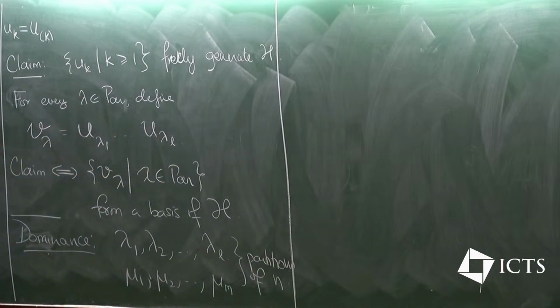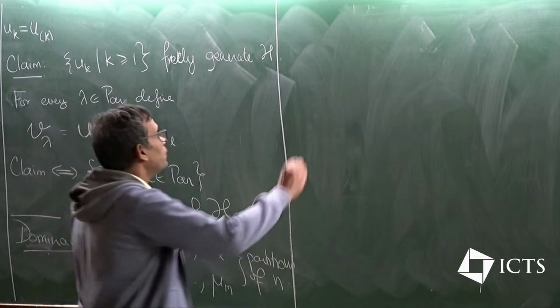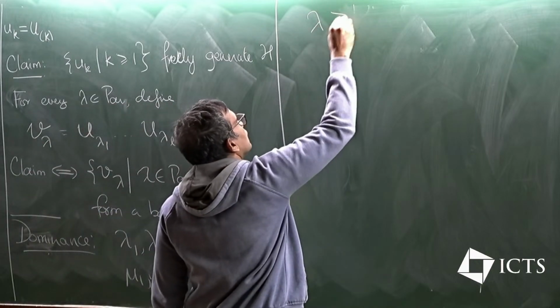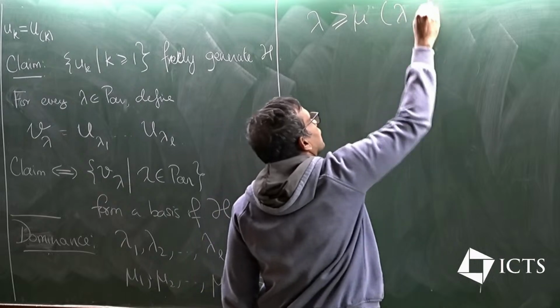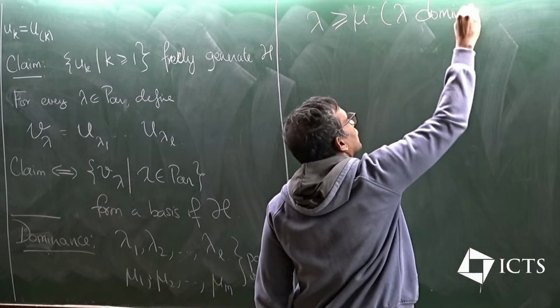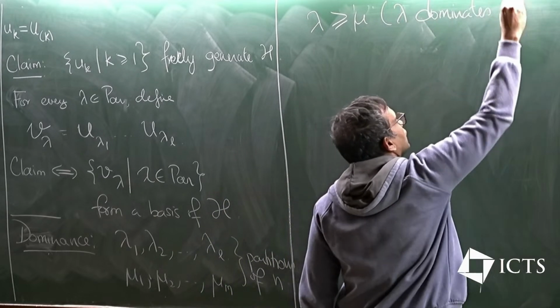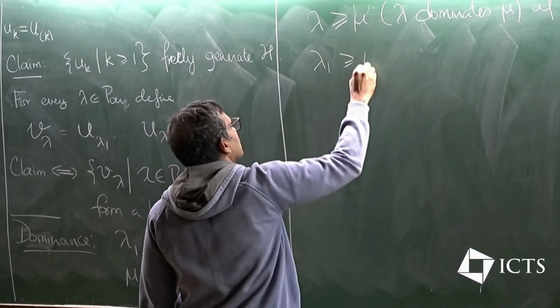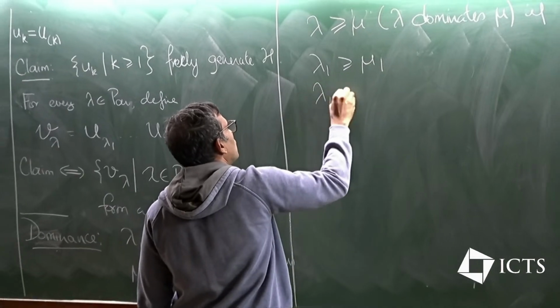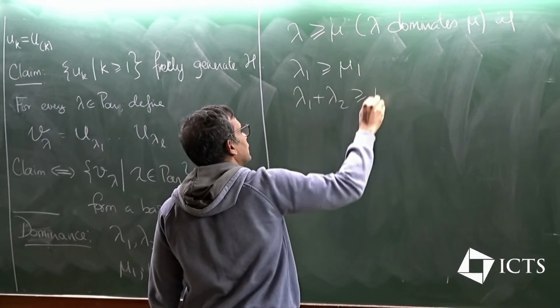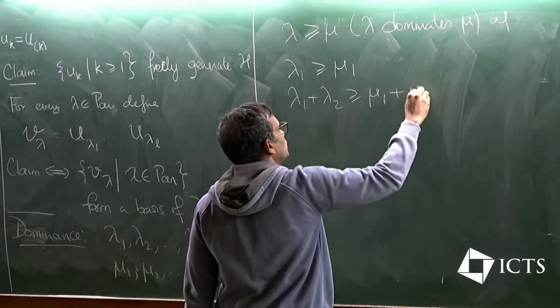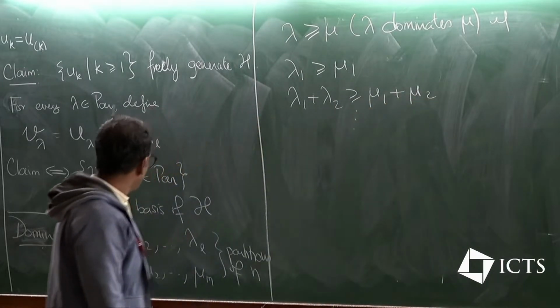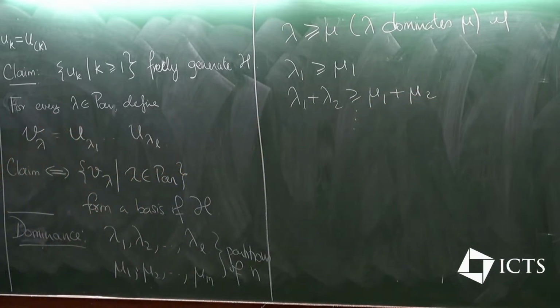Okay, so suppose I have two such partitions, then we'll say that lambda dominates mu if lambda 1 is greater than or equal to mu 1, lambda 1 plus lambda 2 is greater than or equal to mu 1 plus mu 2, and so on till one of the partitions runs out of numbers.